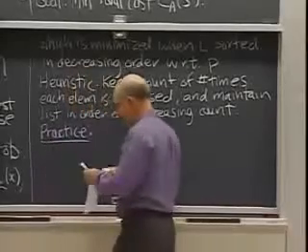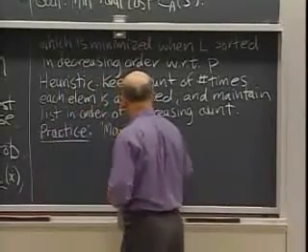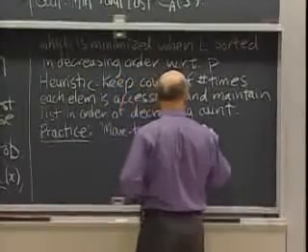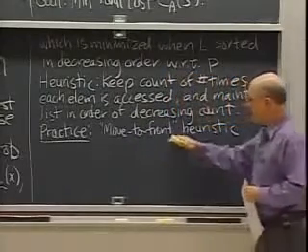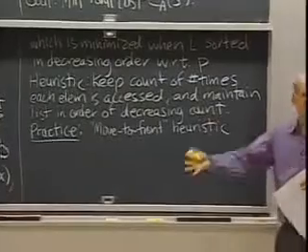So in practice, what people implemented was a so-called move to front heuristic. Okay? And the basic idea was, after you access an element, just move it up to the front.